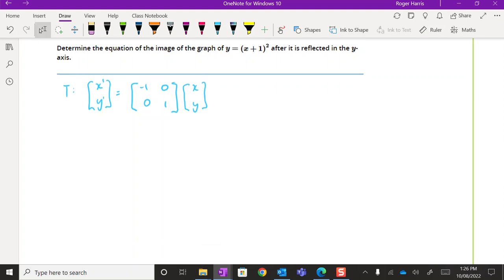So first of all, I'm going to get my image. My image there is going to be negative x, and it's going to be y. So my image x dash is the same as negative x, which changes around to x equals negative x dash, and the image of my y is y dash, which is obviously y equals y dash.